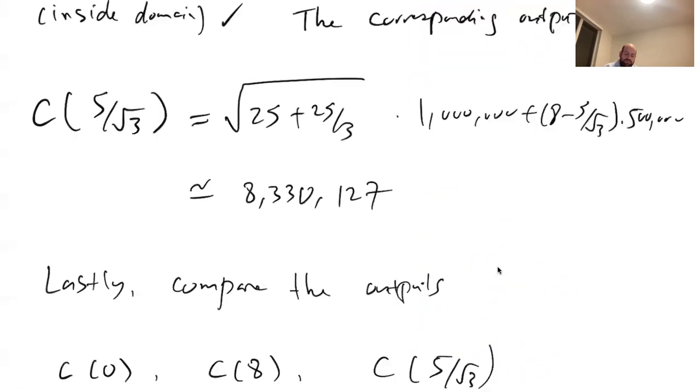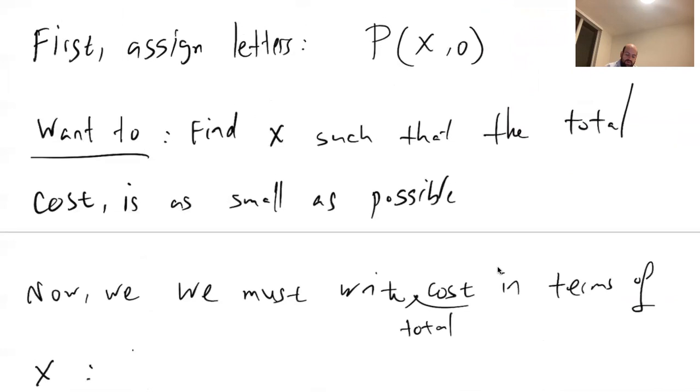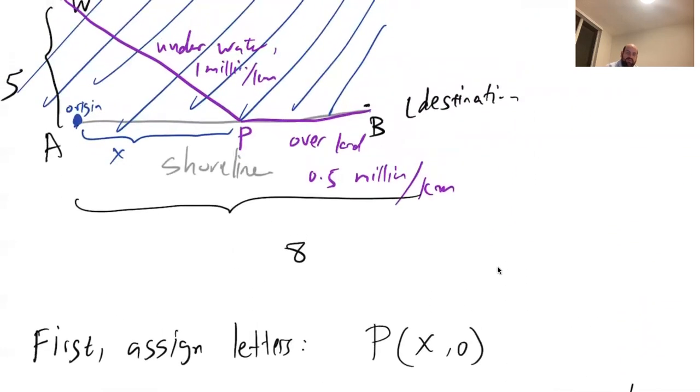So this distance from P to A has to be 5 over root 3 kilometers in order to minimize the cost.